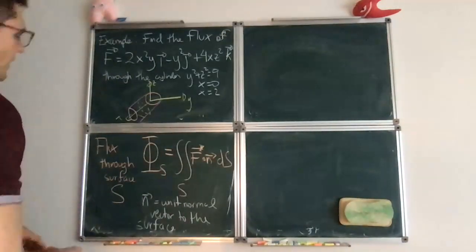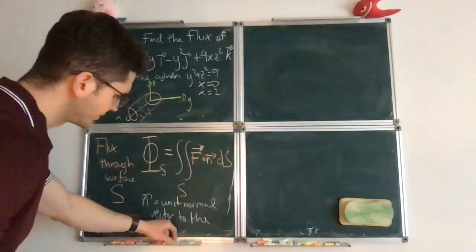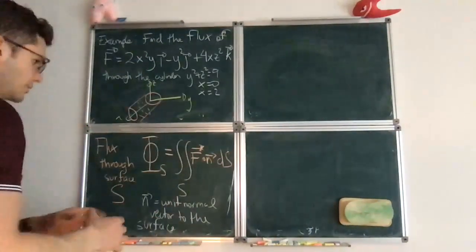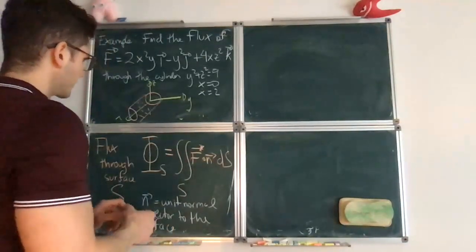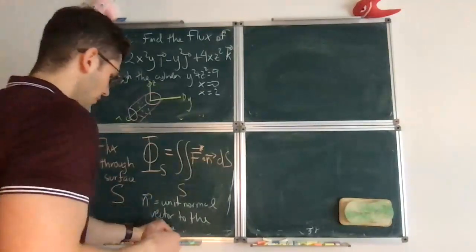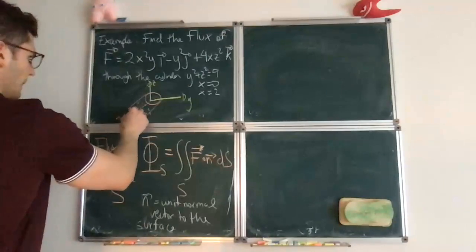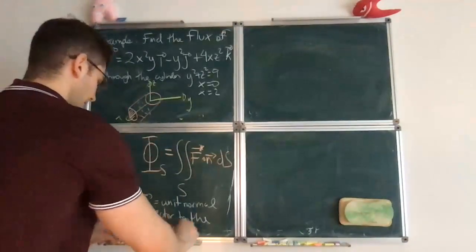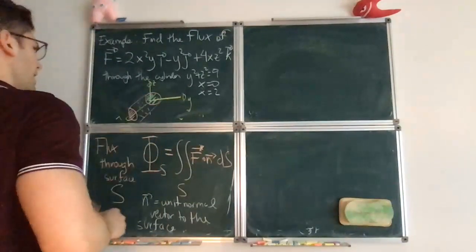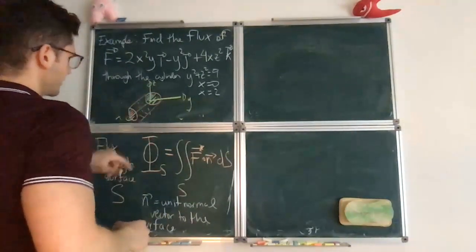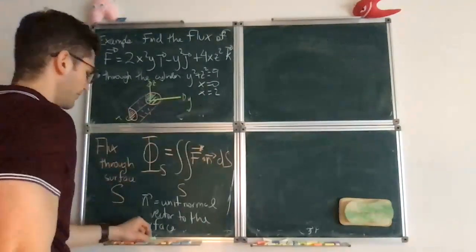Essentially this is a cylinder, so there are three surfaces that we will consider for this problem. One which you can think of as the top surface, another which you can think of as the bottom surface, and another one which is the lateral surface, which is this pink one, the actual cylindrical part of the cylinder.